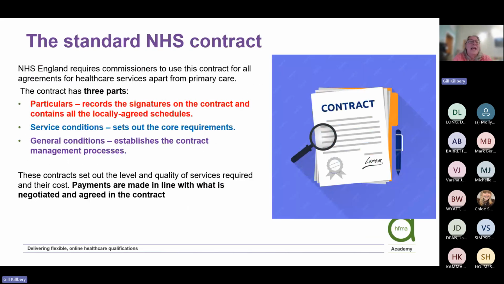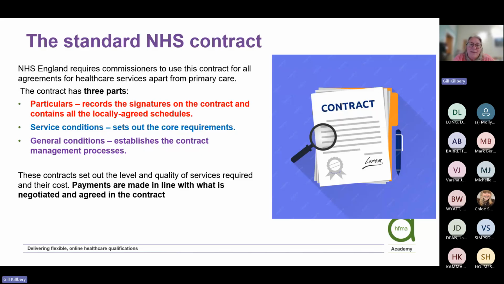The other one is the standard NHS contract. The template for the standard contract is provided by NHS England. It's updated annually and it must be used. So why should we have a standard contract? If you remember, these are legal documents.